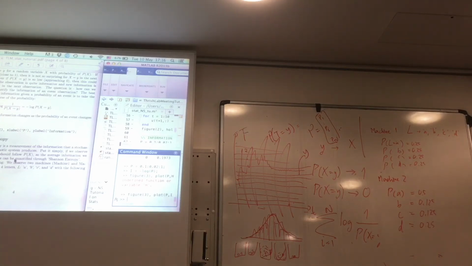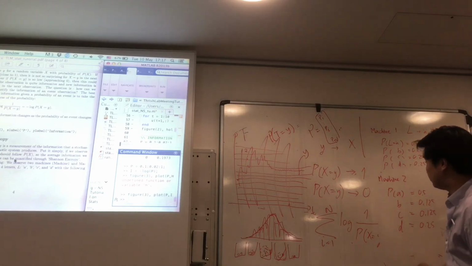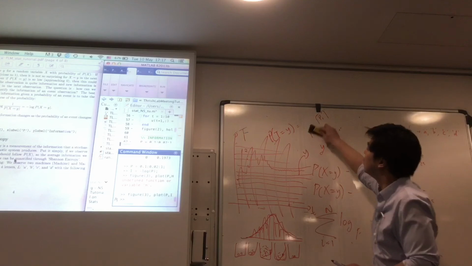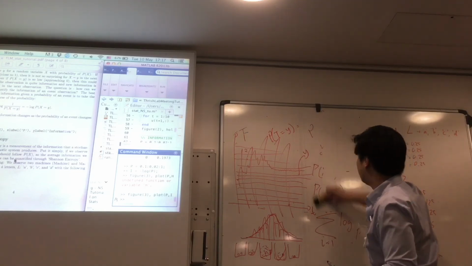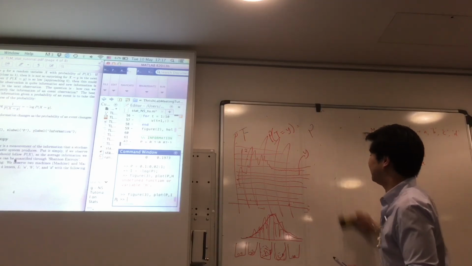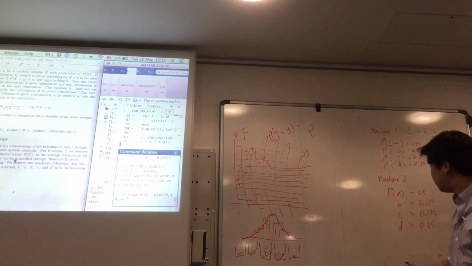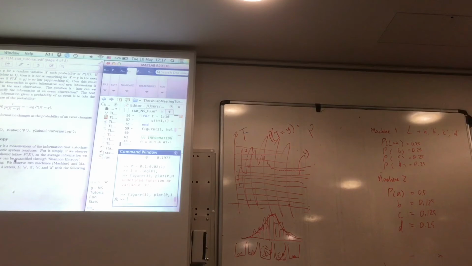How can we know which machine would produce more information? More information means more surprise for you, so less predictable. Machine 2 has more.